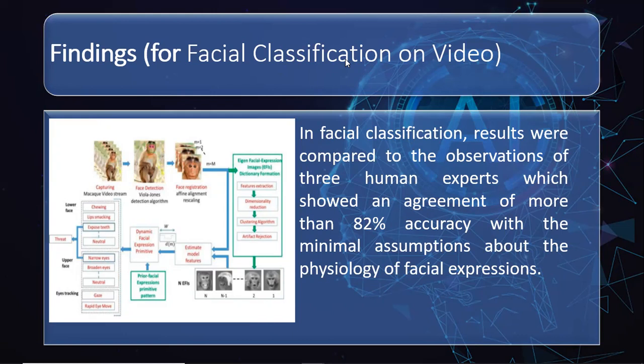Then it goes to estimating model features, then to the dynamic expressions, and then to the lower face, upper face, and eye tracking. This process will identify the emotion detected from the monkey.